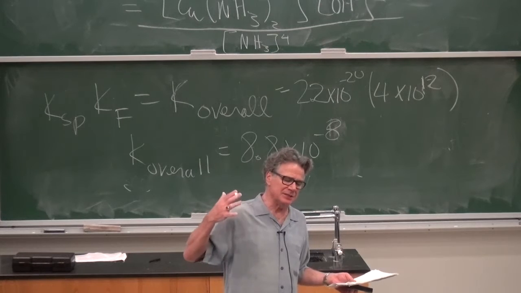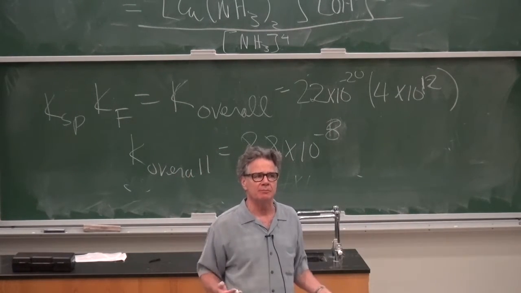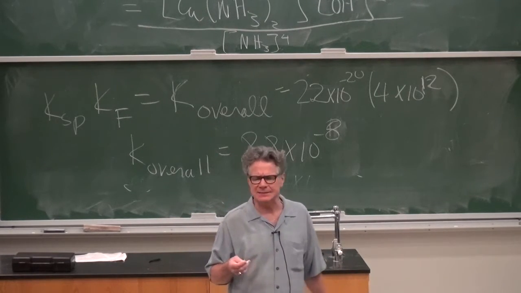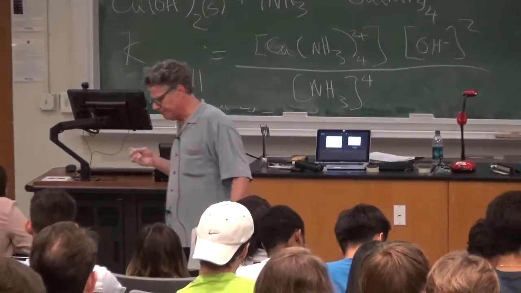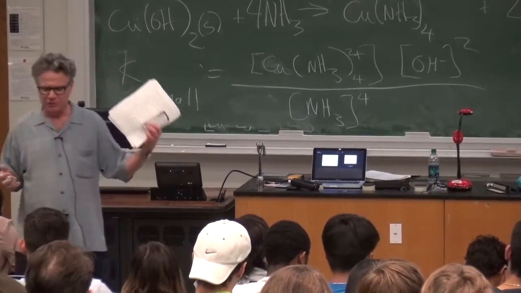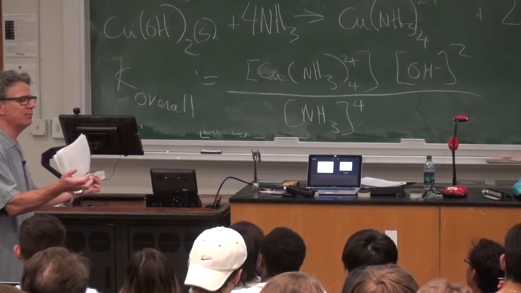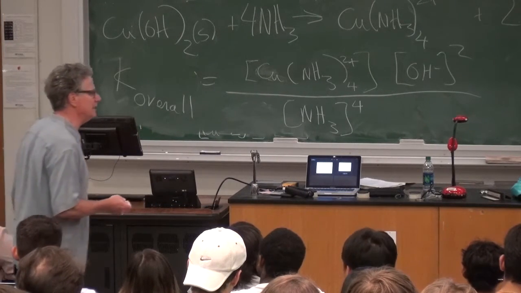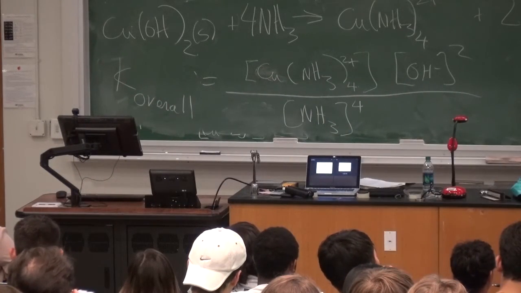So this is in general why ligands or chelating agents improve solubility. One way to think about it conceptually is we know that a precipitate won't form, in this case, until the concentration of hydroxide and the concentration of copper, multiplied together, become greater than KSP. Think about it this way.